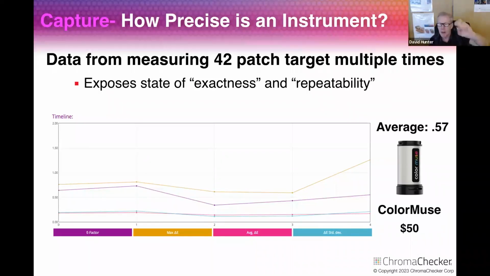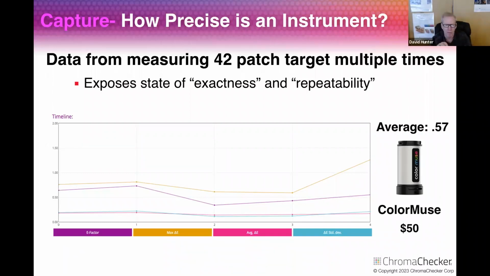Now, when we do the consistency of a Color Muse, you see the graph here on the screen. And ideally, perfect, the lines would be at the bottom of the graph. And you can see that gold line is not at the bottom of the graph.